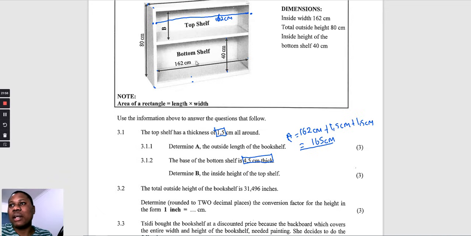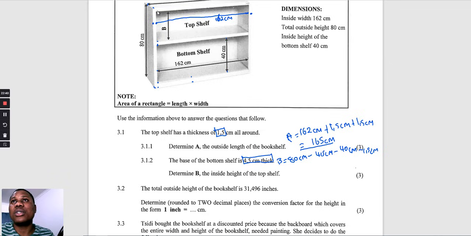From the 80 centimeters, let me say B is equal to 80 centimeters, we are going to subtract the distance from this point to this point, which is 4.5 centimeters. We are also going to subtract the distance from this point to this point, which is 40 centimeters. We are also going to subtract 1.5 centimeters. We are not going to subtract B because B is not given. That's what we are looking for.